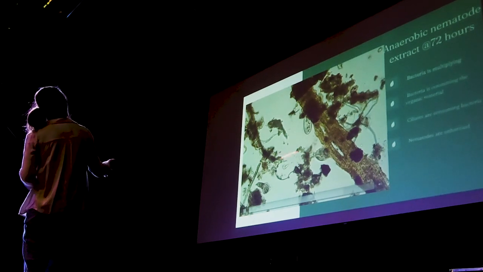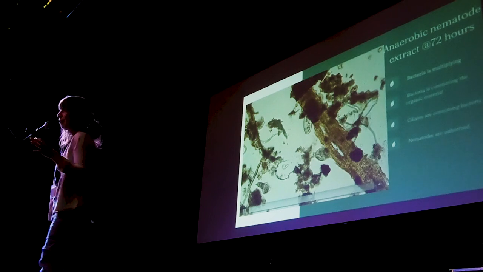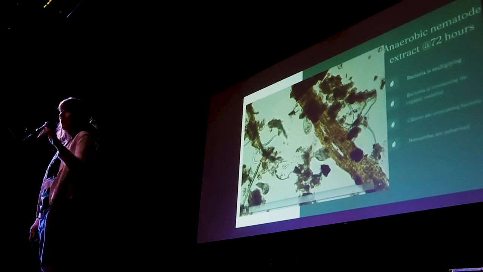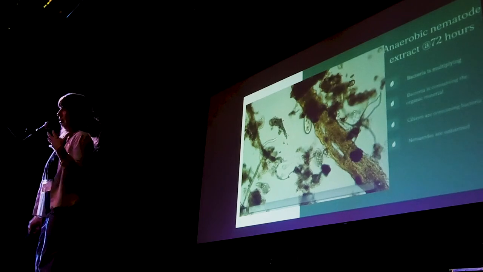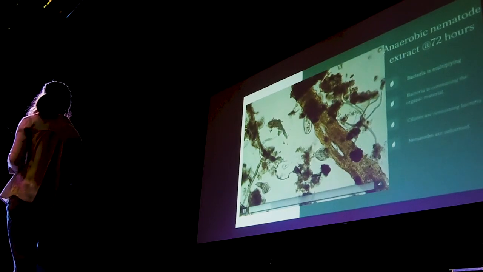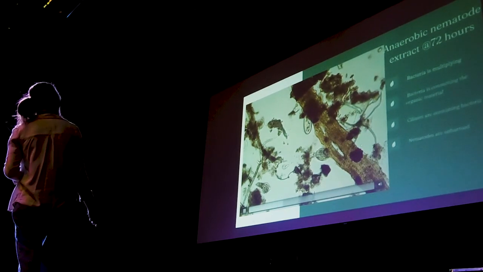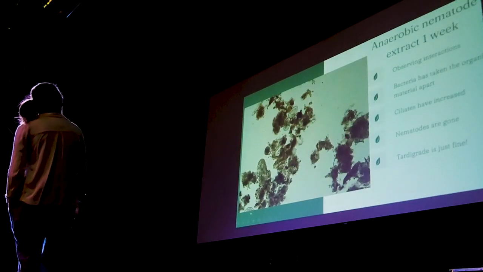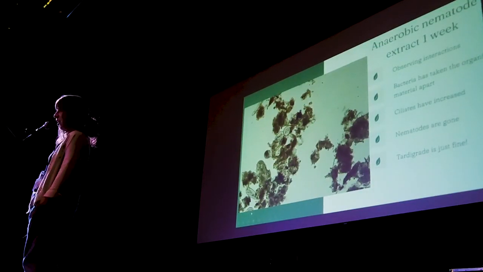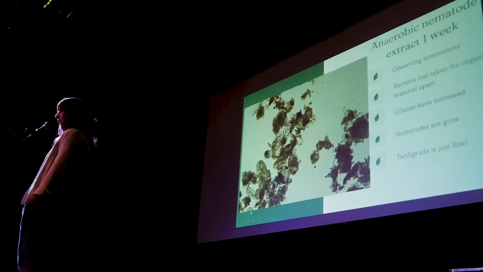And so what I want to show you is how this anaerobic situation goes over time. Because what I did was I left this sample in a test tube, and I waited for a lot longer, and then I checked it out again. So this is a week later, and you can see there's not much organic material left at this point.